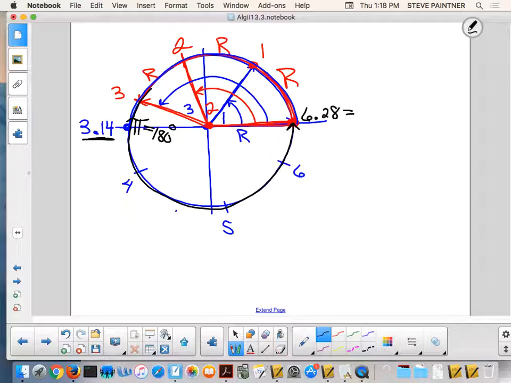We don't say a complete circle is 6.28 radians. We say 2 pi. And 2 pi is equivalent to how many degrees? 360.